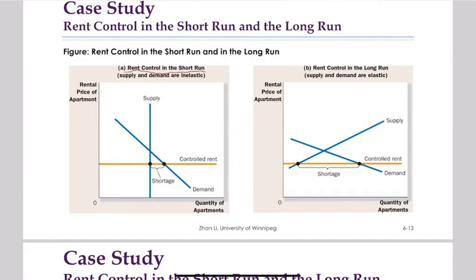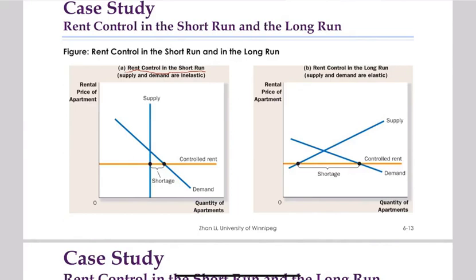If they have a longer time, then they could make larger adjustments. So this implies that demand and supply would be more elastic in the long run. On graph A, the left-hand side picture, you could see that it's the short run case. In the short run, you can see that the supply is vertical and the demand is inelastic.